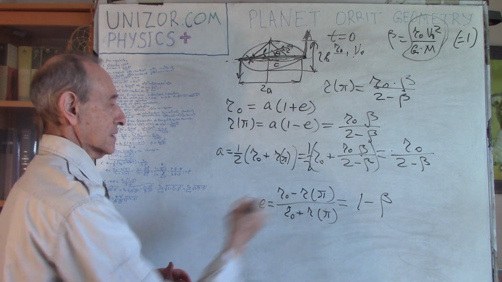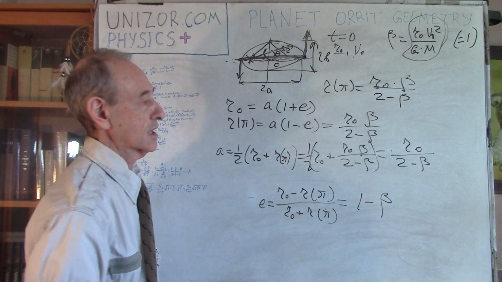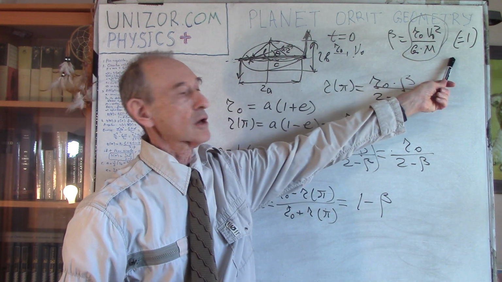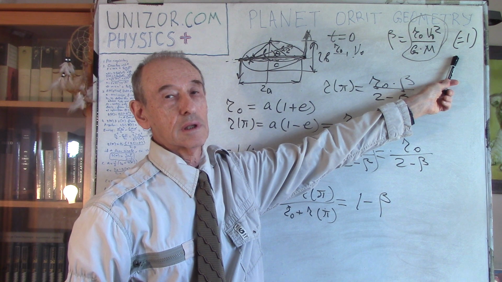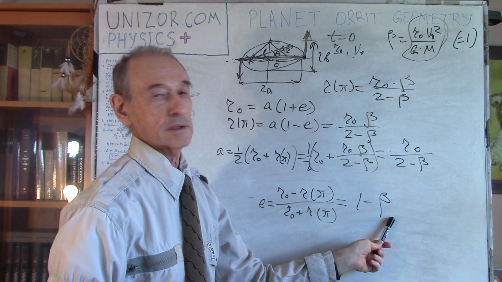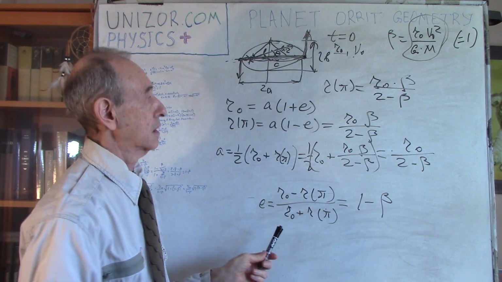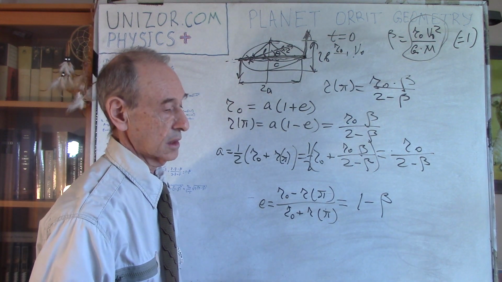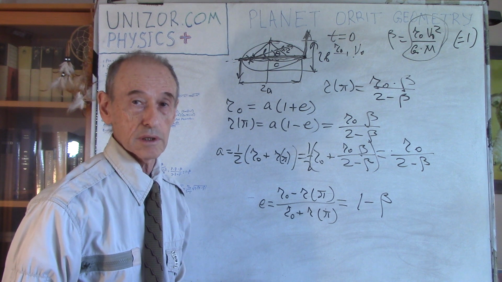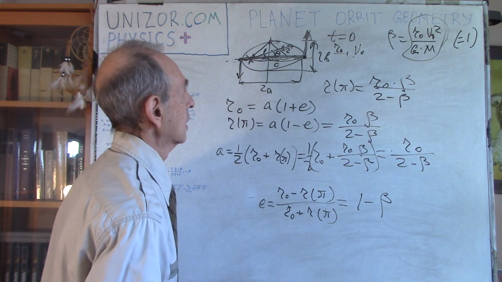Like beta is equal to 1 minus eccentricity. Now we know that beta for a circular orbit is supposed to be equal to 1. Now 1 minus 1 is 0, so the eccentricity of the circle is 0.